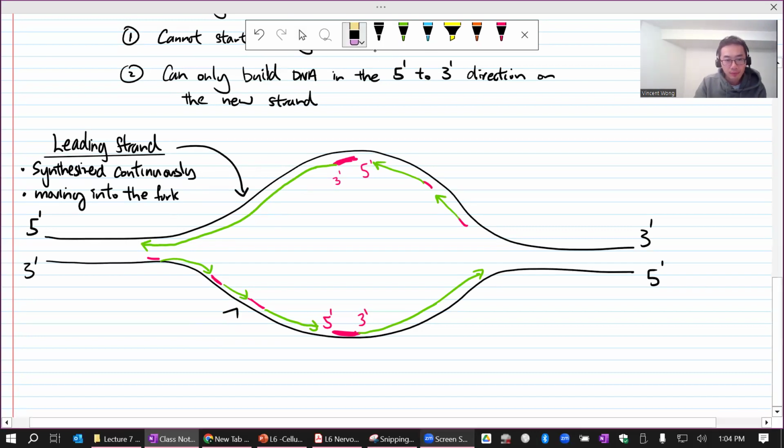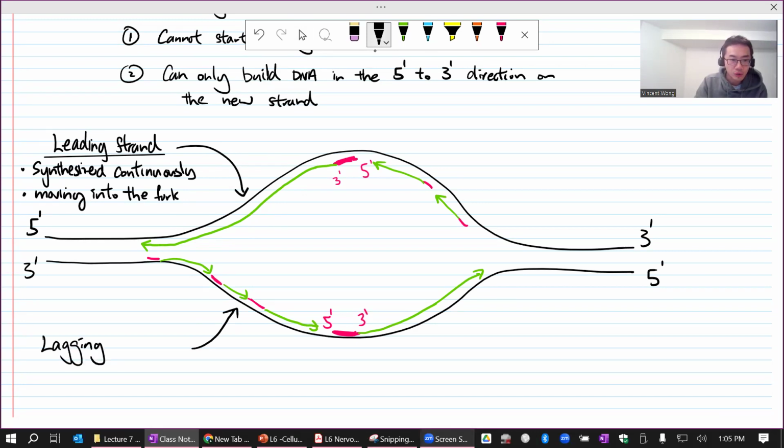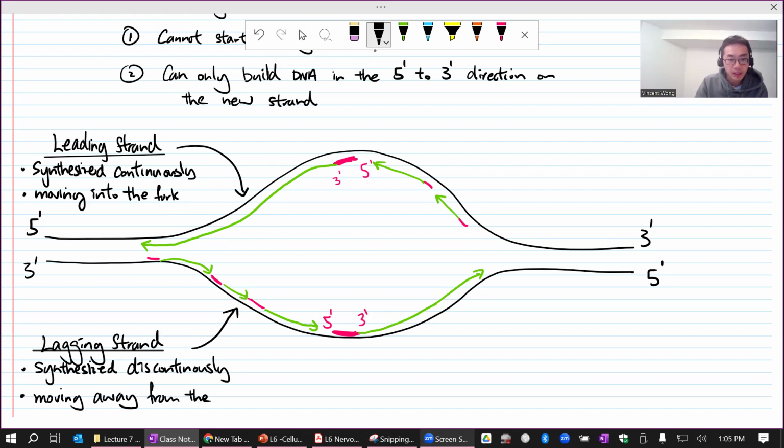The bottom one over here is called the lagging strand. And that is the one that is being synthesized discontinuously, and it's moving away from the fork.